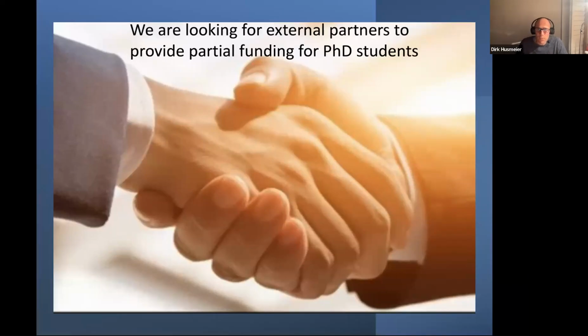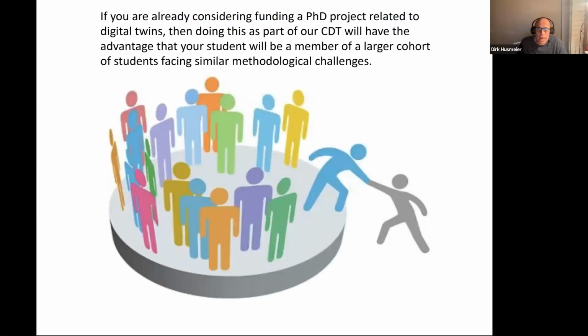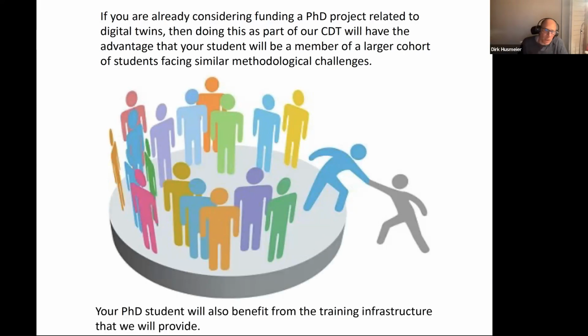We are looking for external partners to provide partial funding for PhD students. So if you are already considering funding a PhD project related to digital twins, then doing this as part of our CDT will have the advantage that your student will be a member of a larger cohort of students facing similar methodological challenges, and your PhD student will also benefit from the training infrastructure that we will provide.